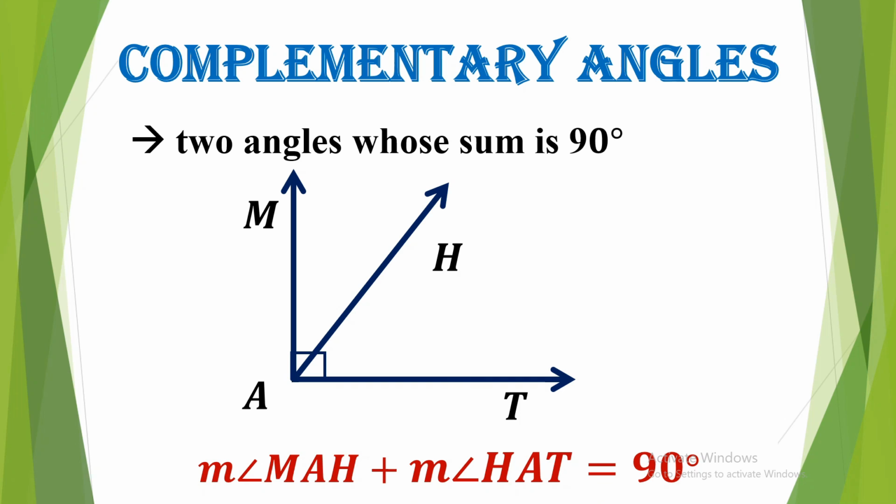Like supplementary angles, complementary angles can either be adjacent angles or non-adjacent angles. So for this example, if the measure of angle HAT is 63 degrees, what should be the measure of angle MAH? Very good. It should be 27 degrees to make the sum equal to 90 degrees.